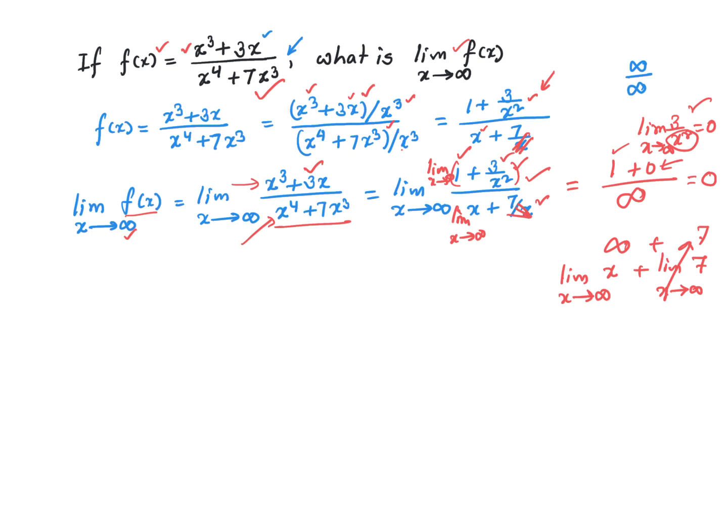In the long run, the way this rational function behaves is that the highest power dominates. That means x to the power 4 dominates over any other terms as x goes towards infinity. Consequently, it brings down the entire ratio and it becomes 0.